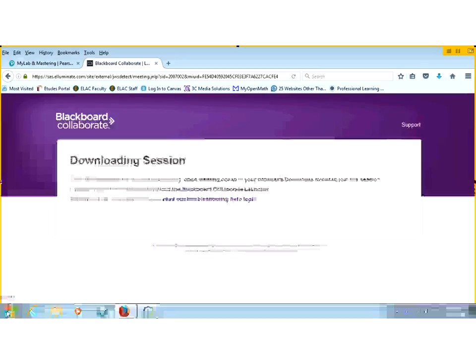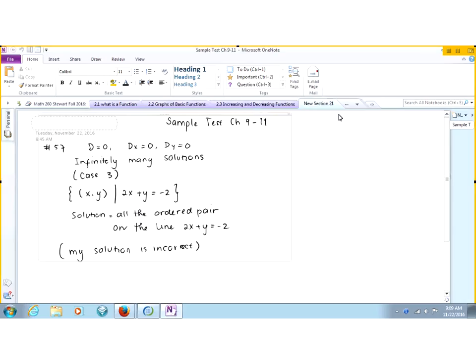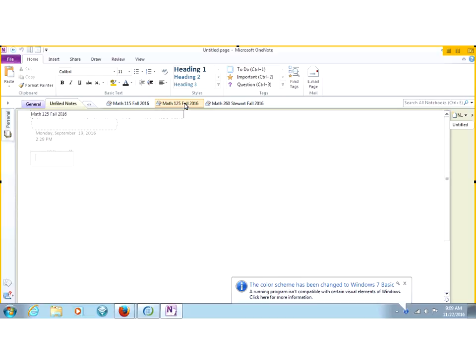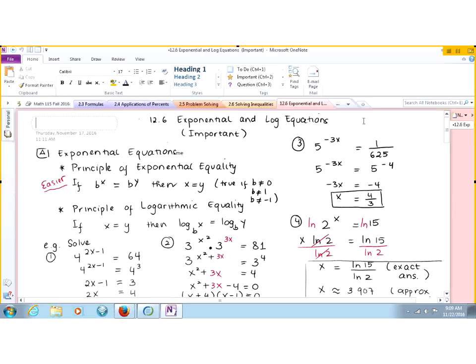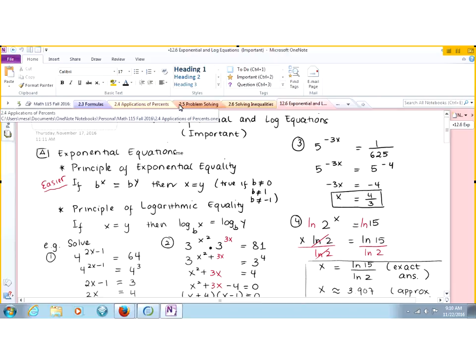Let's see now. Okay, where is my quadratic formula? This one I don't need. It's in Math 115, right? No, Math 115. Is it Math 115? Oh, gosh. This is not yours, is it?